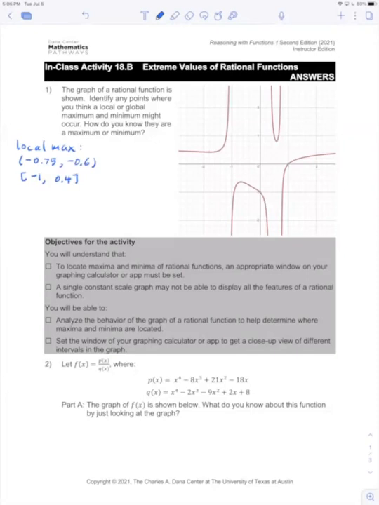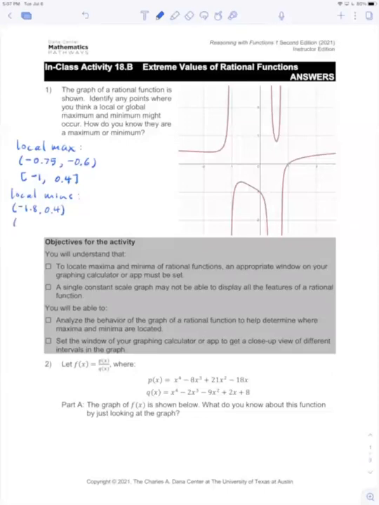Yep. Let's look at local min. There's going to be 2 of these. If we first look, starting on the left, in the interval -infinity to -1, we have this point: -1.8, 0.4.